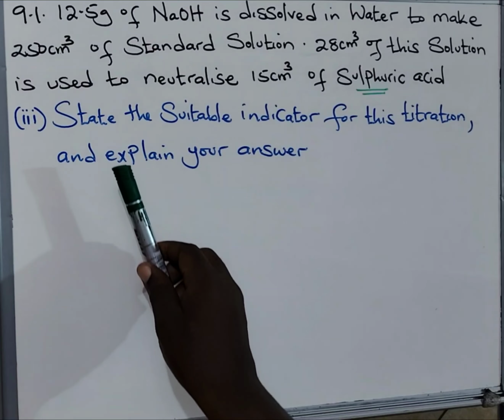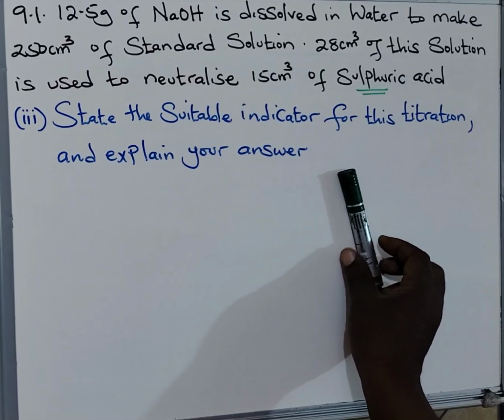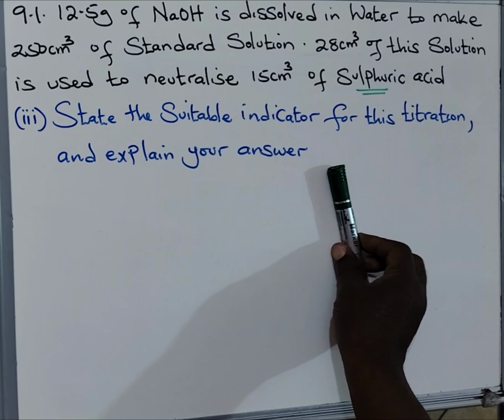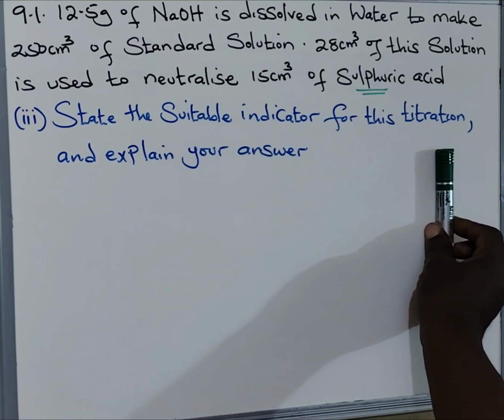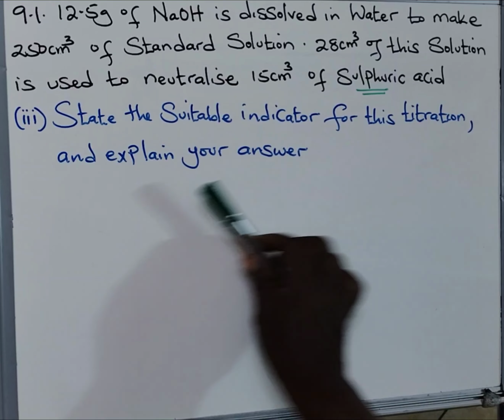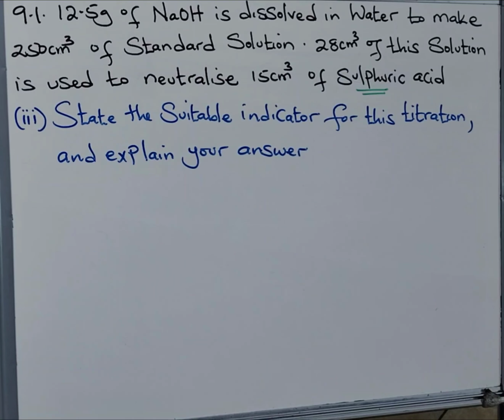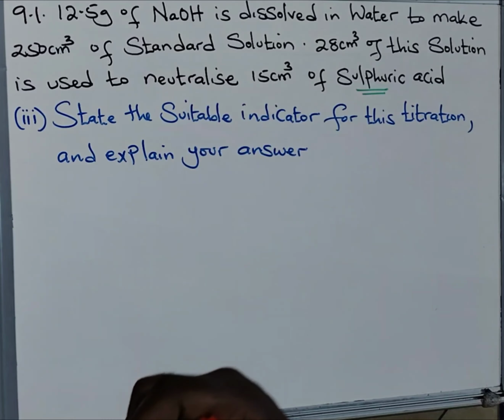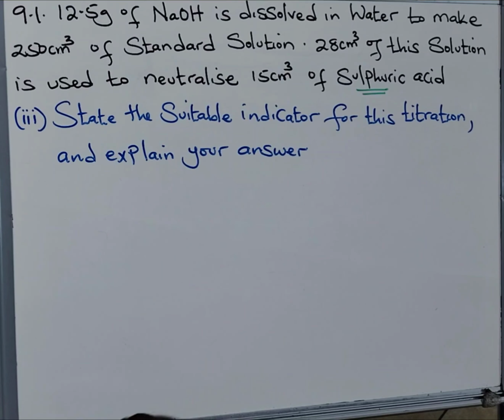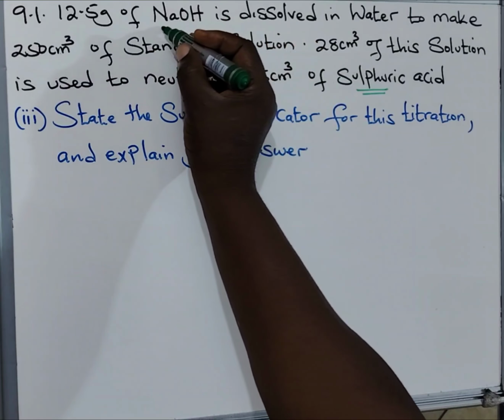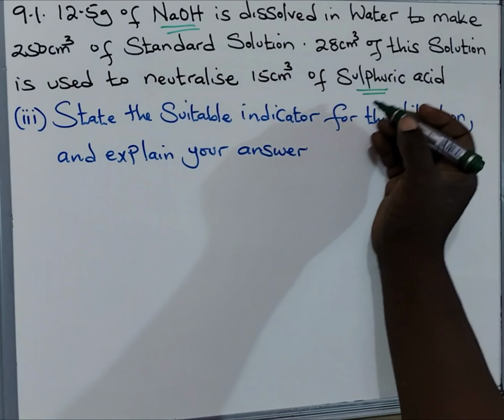Then comes this question. It says, state the suitable indicator for this titration and explain your answer. How do you assess the indicator to be used? You have to know that what we are observing here is a reaction between sodium hydroxide and sulfuric acid.